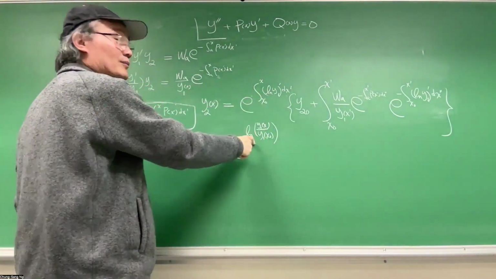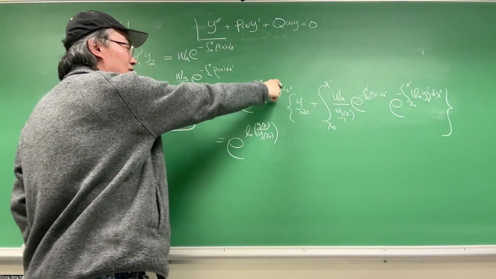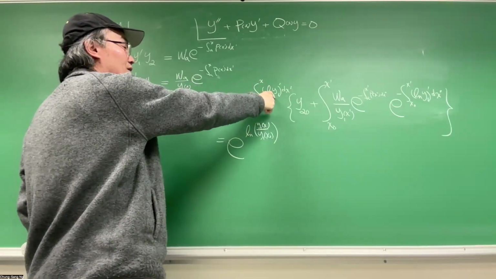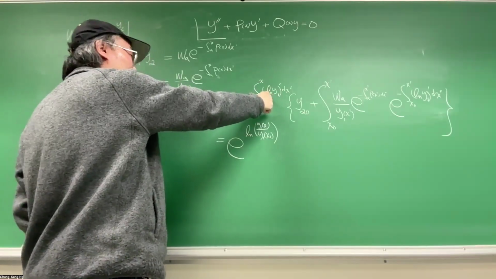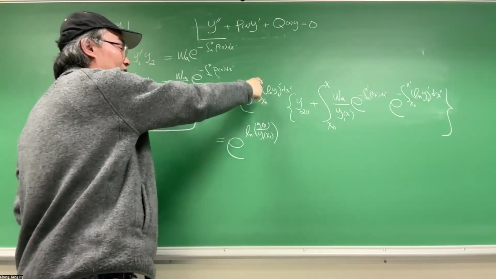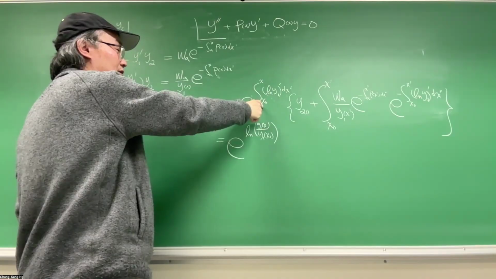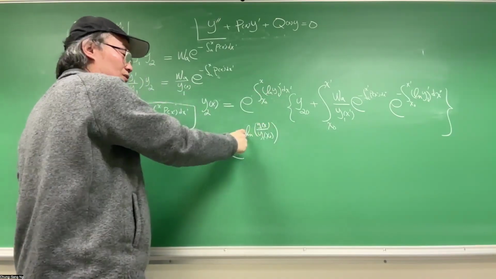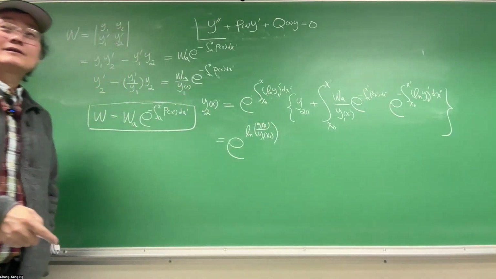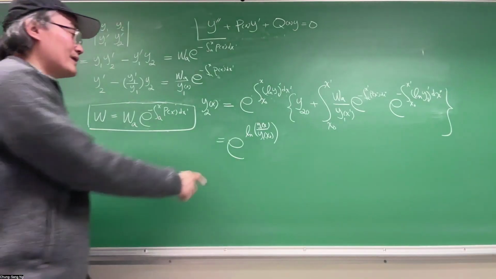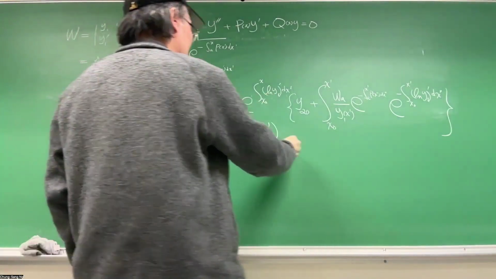So that becomes this one. See, because it's total derivative, right? So you just evaluate the argument of the function that you took the derivative of and evaluate at the limit. So this upper limit minus the lower limit in the log, it becomes a log of the ratio. Is that okay? So that is this term.